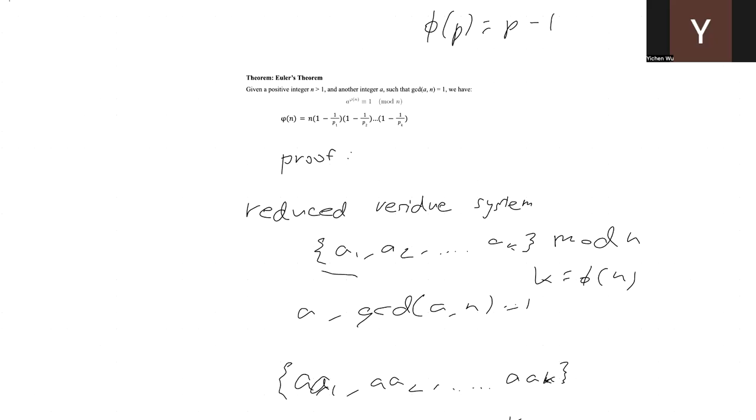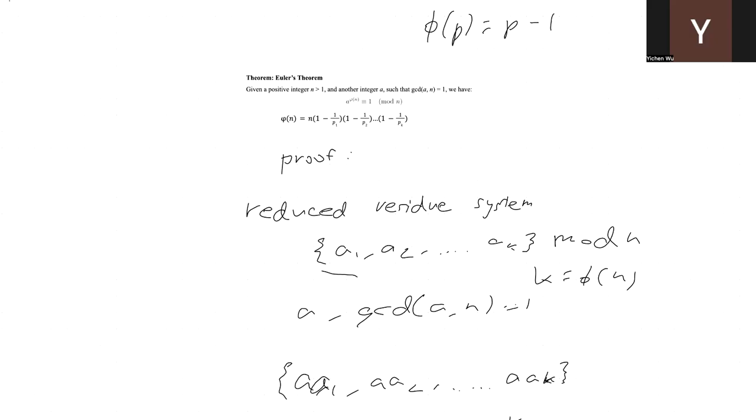Now these are all relatively prime to n, these a1, a2, ..., ak. Because we proved earlier that each of these numbers must have an inverse, we can multiply both sides by a1 inverse, a2 inverse, ..., ak inverse.